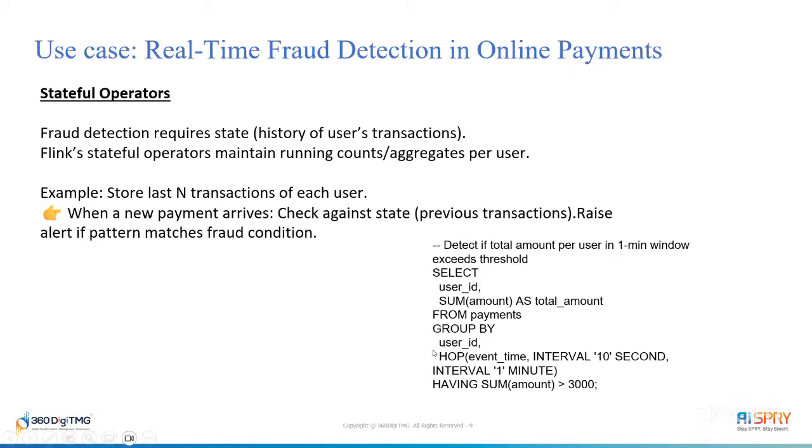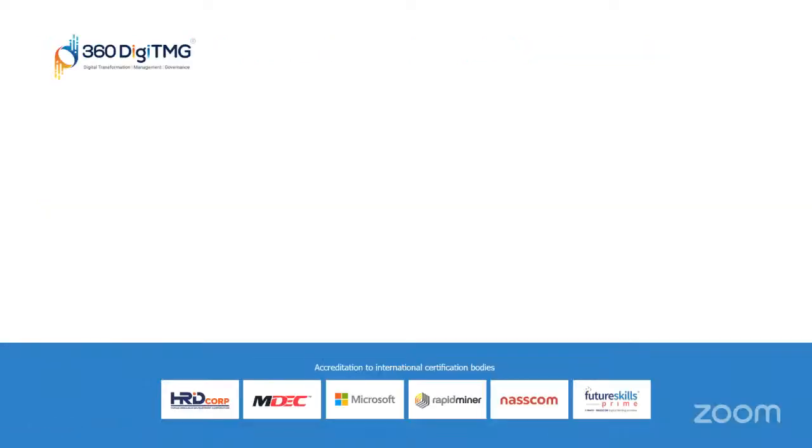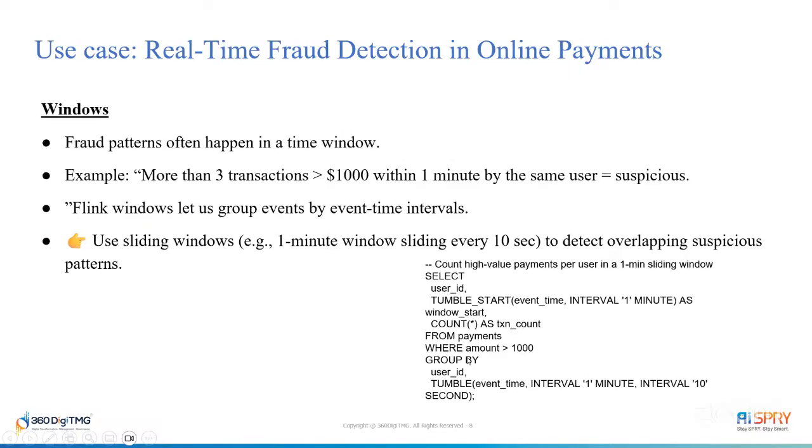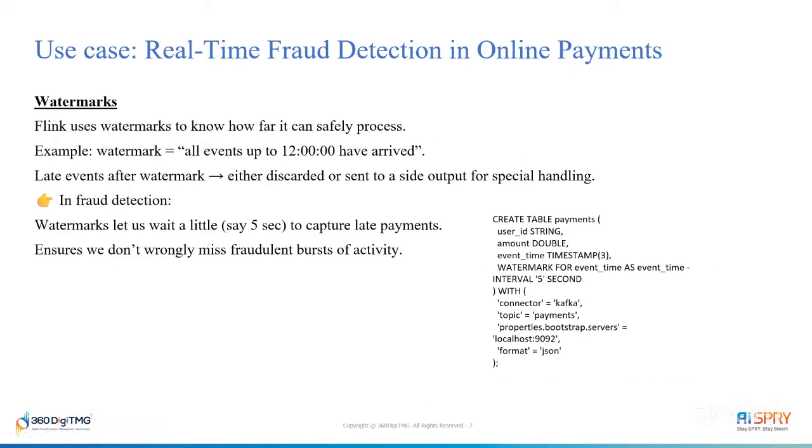So these are stateful operators and windows. Here you are using keywords like hop, which allows you to select the intervals. We have tumble windows and sliding windows, which is the hop window. And you can create watermarks. Using these in SQL is how you process data in Flink.